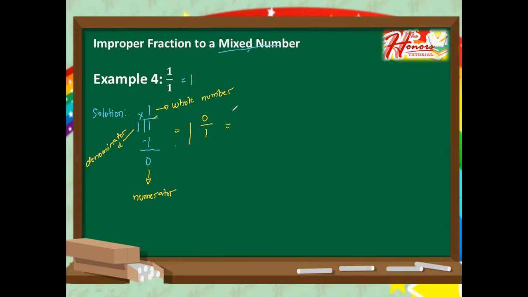I have mentioned earlier that when your numerator is 0, automatically this whole fraction is 0. So therefore, we are not going to write it anymore. Instead, we are going to write the whole number alone, and that is 1. So that's why I mentioned to you about the shortcut. And I also showed you the solution part, so that you will not be confused about why it is 1.